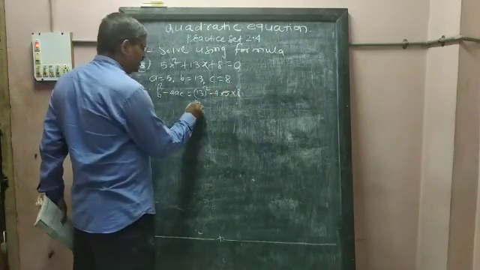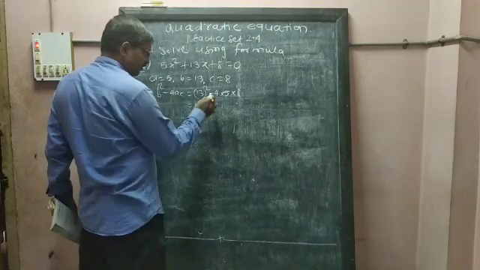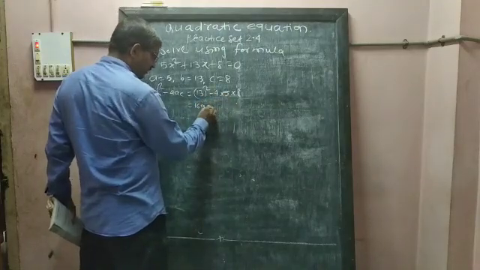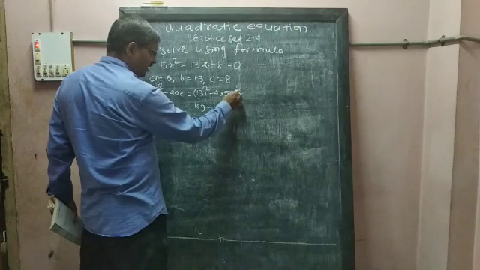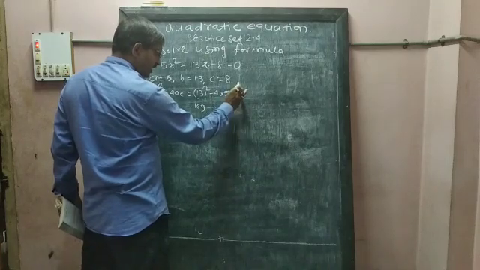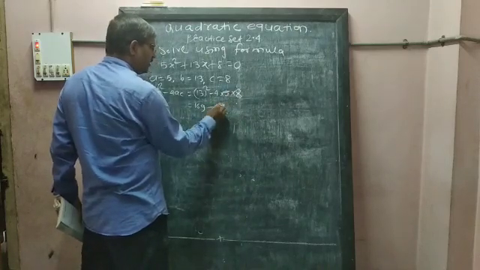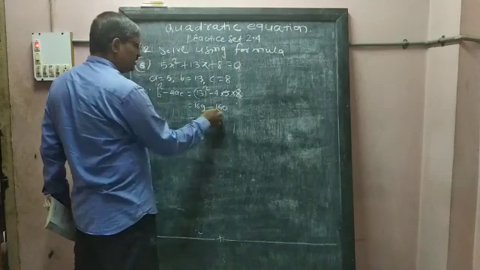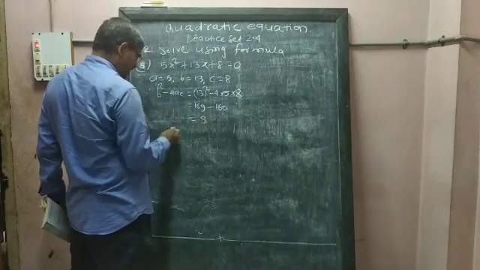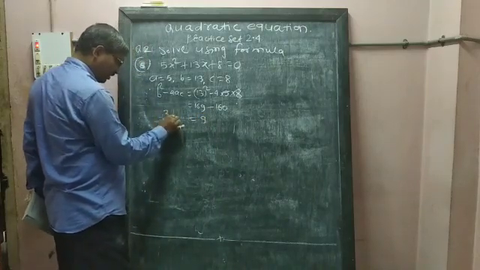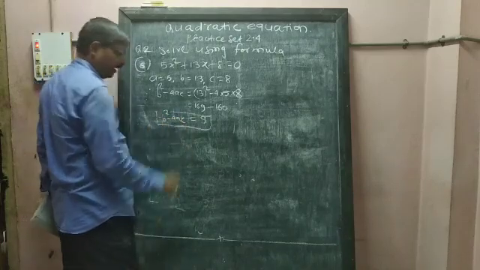So 13 square means 169. 4 5s are 20, into 8, 160. 169 minus 160 means 9 is the answer. B square minus 4ac is 9.